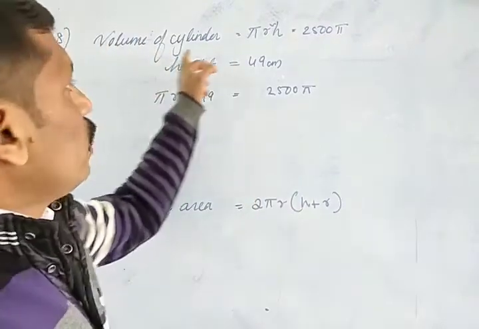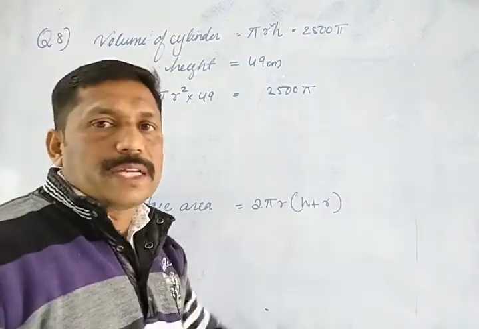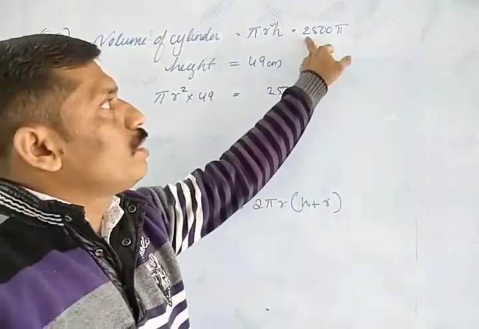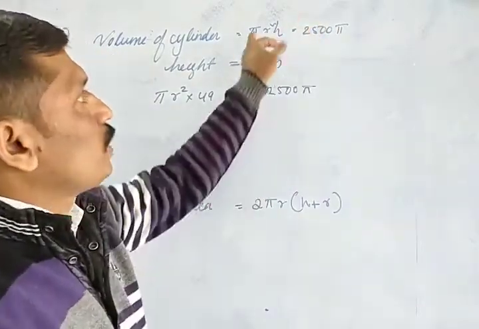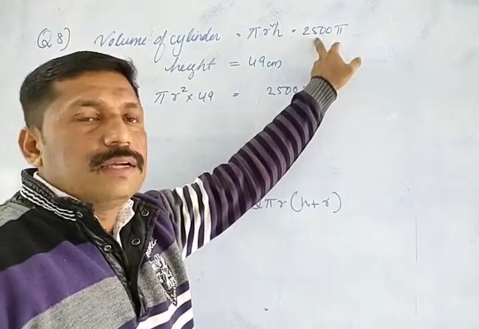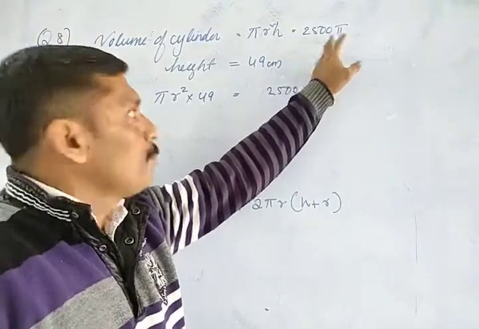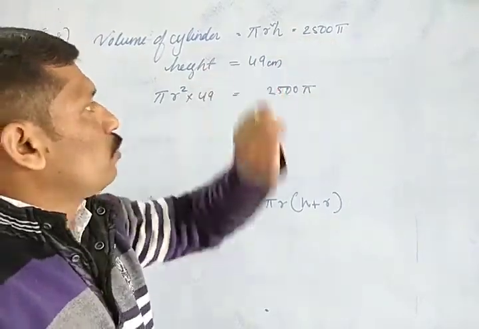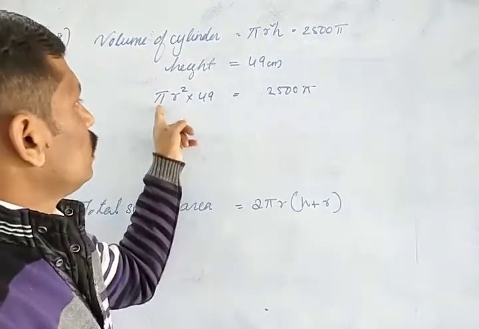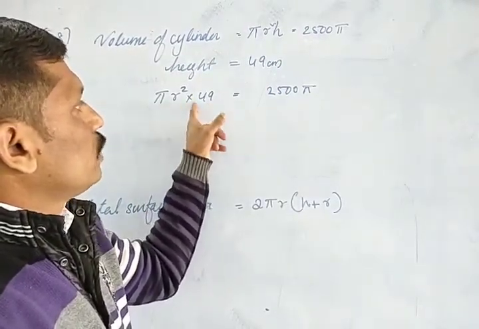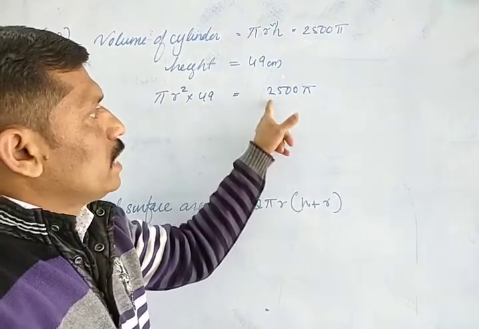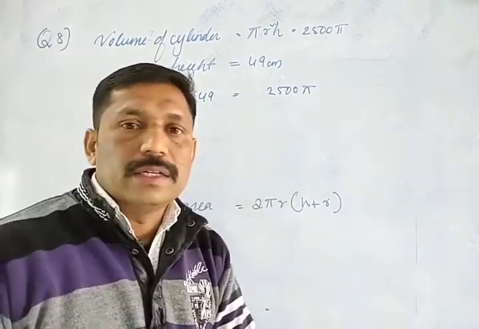Students, here volume of the cylinder formula is pi r square h, that is given as 2500 pi. And height is equal to 49 centimeter. Therefore, pi into r square into 49 is equal to 2500 pi.